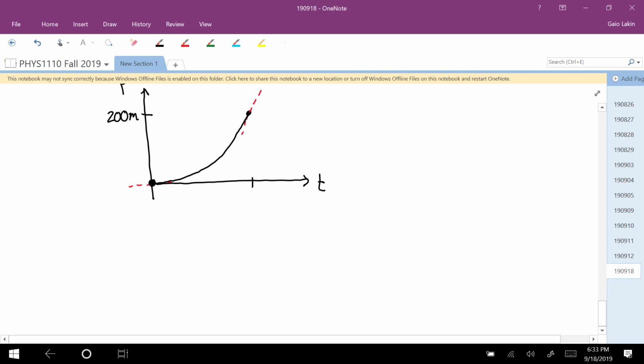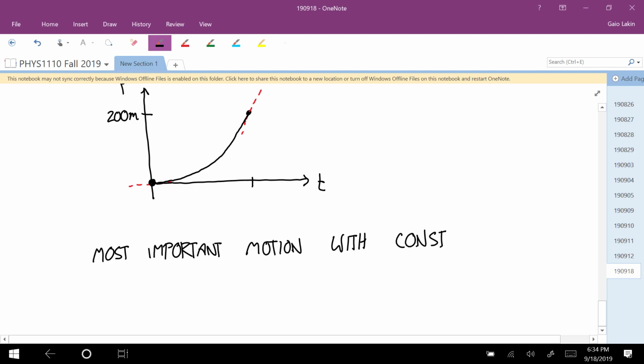So now, the most important motion with constant acceleration is free fall, which I'm going to use as synonymous with projectile motion. I'm going to call something free fall whether it's on its way up being launched or launched horizontally.